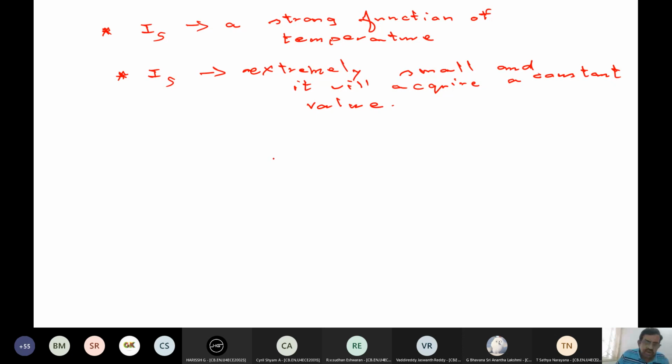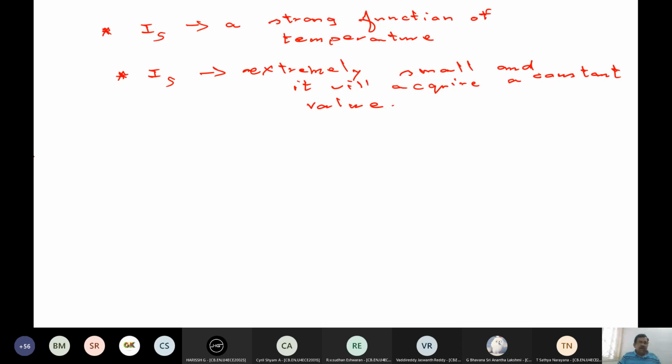But for now, you can understand that diffusion is not supported under reverse bias. The drift mechanism is there, but the drift happens due to the minority carriers, and the minority carriers are generated by thermal process. Therefore, IS is a strong function of temperature, and IS is extremely small because the concentration of minority carriers itself is small, and it will acquire a constant value that we will show mathematically later with analysis. Okay, so that is about it.